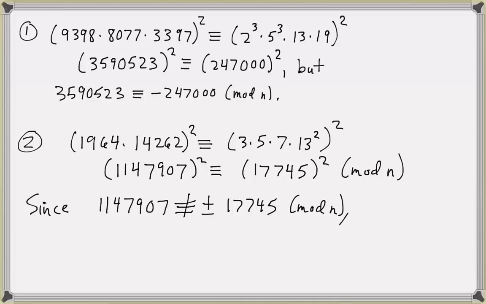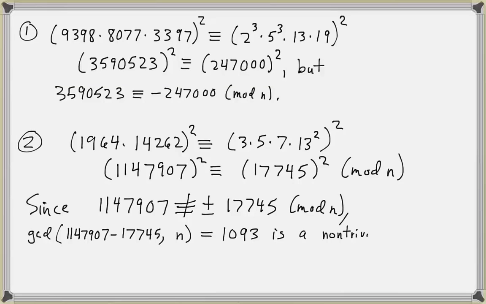So therefore, the greatest common divisor of 1147,907 minus 17745 and n, which happens to be 1093, is a non-trivial factor of n. And therefore we can factor n.